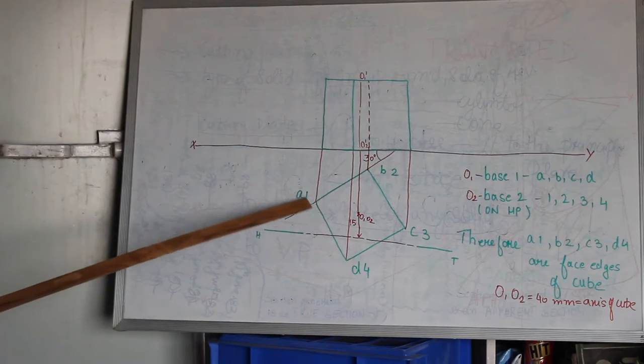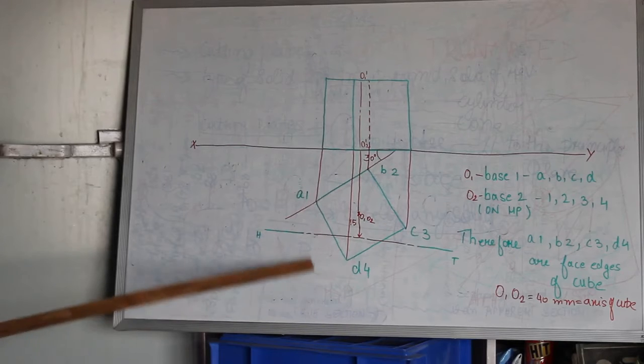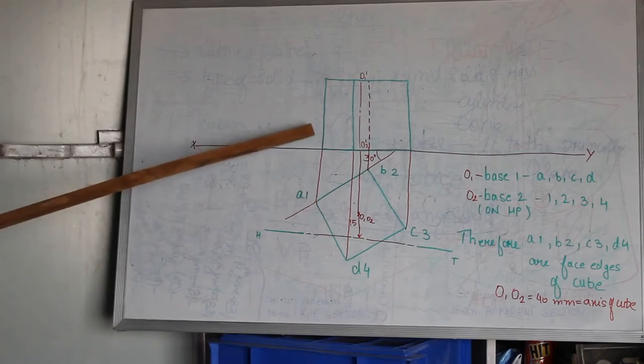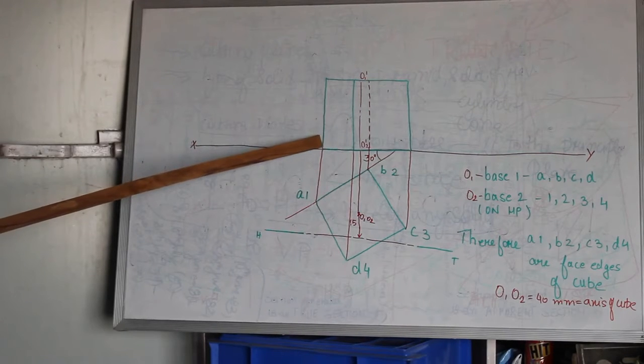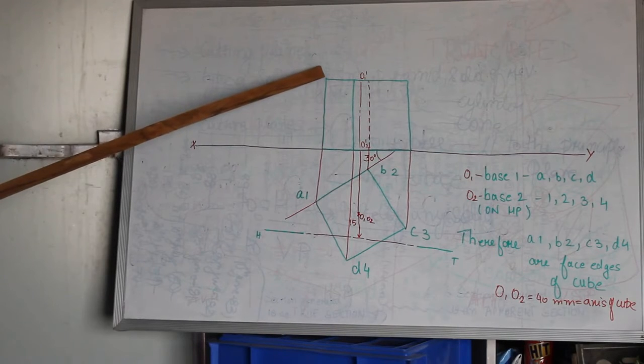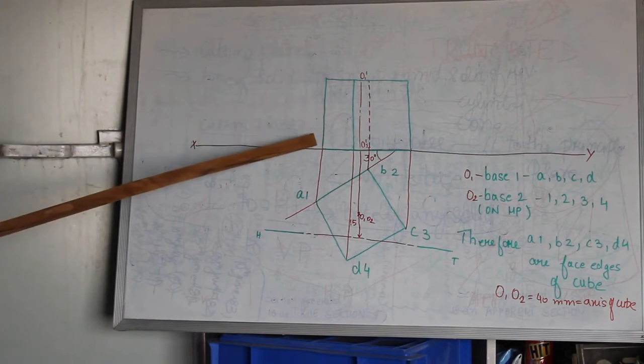Now A1 is a visible edge from this side, the front view, and we can clearly see the edge A1. So this is the point 1, and this will be A. This is the corner of base 1, this is the corner of base 2.